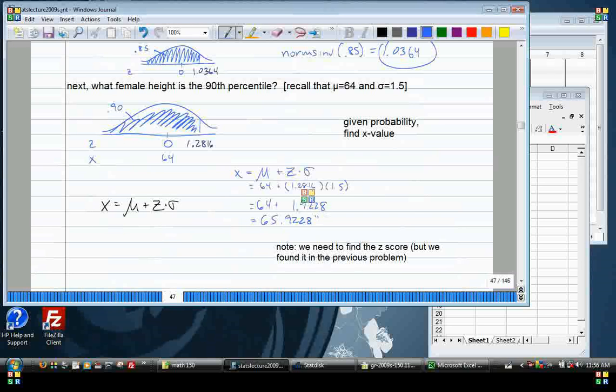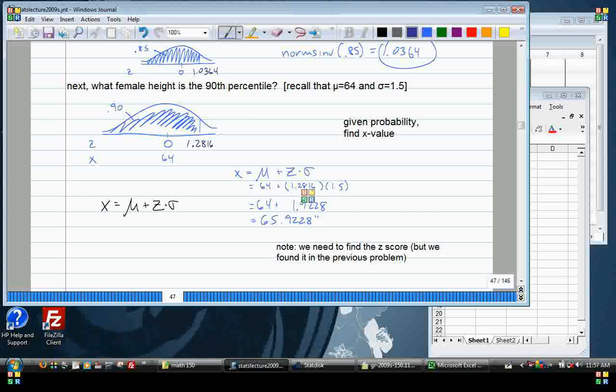And as a final touch, we should put that value on the picture. Where does that go on the picture? Okay, we'll go back. Where does it go? Somewhere.